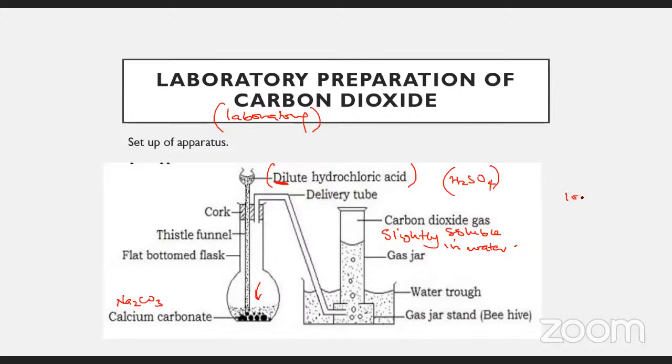If we talk of 100% of carbon dioxide, we can say only 0.01% can dissolve in water. Otherwise, if it was very soluble in water, then we wouldn't be collecting it here. It will all dissolve in the water and we end up not having carbon dioxide. The one we have prepared here is not a pure sample because it contains some impurities. So this is just for normal preparation.